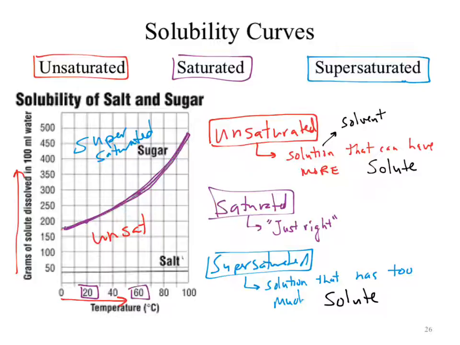We went to incredibly high temperatures, 80 degrees. That's close enough to incredibly high. And we could dissolve at 80 degrees 370 grams of our sugar. But then what happened after you heated it up? What were you supposed to do? Let it cool. So we now dropped the temperature.